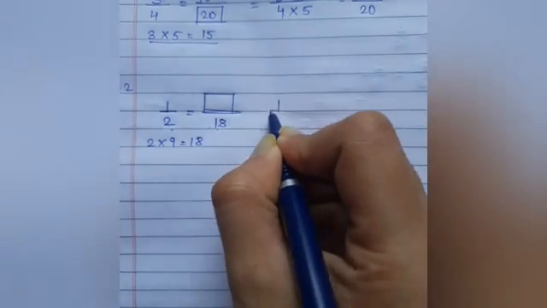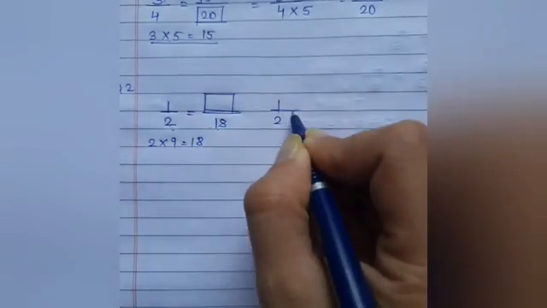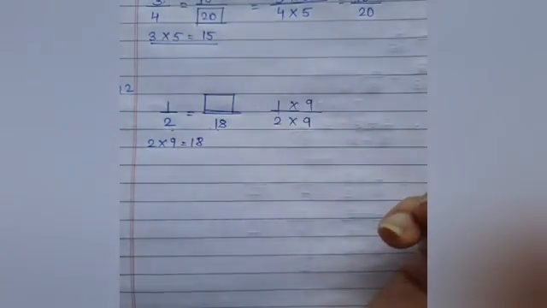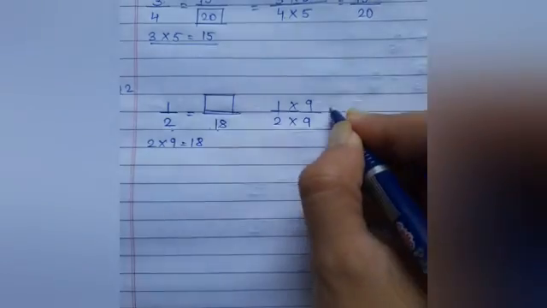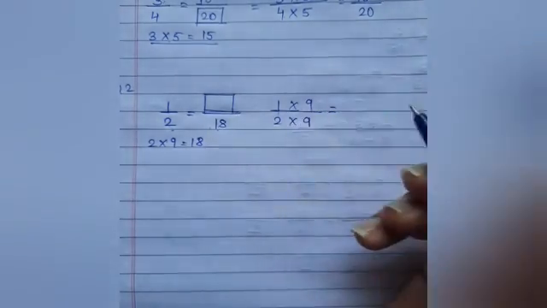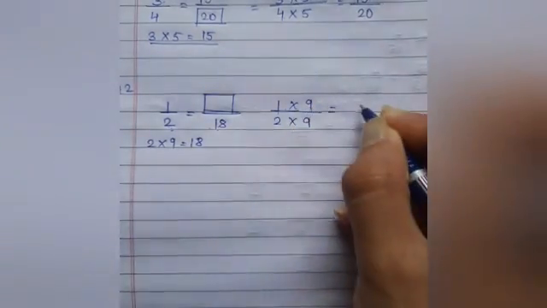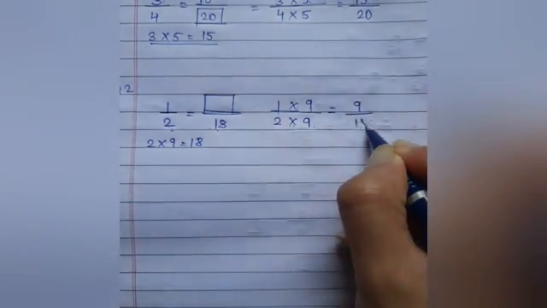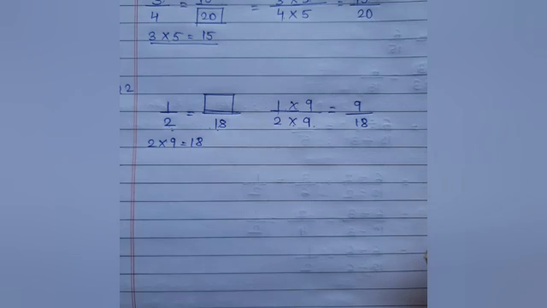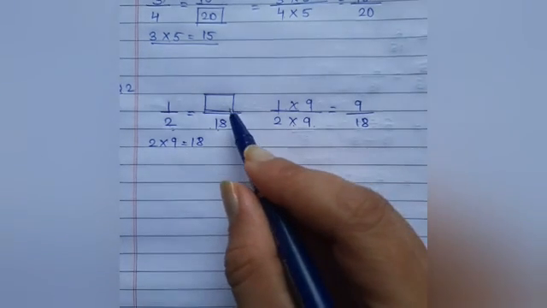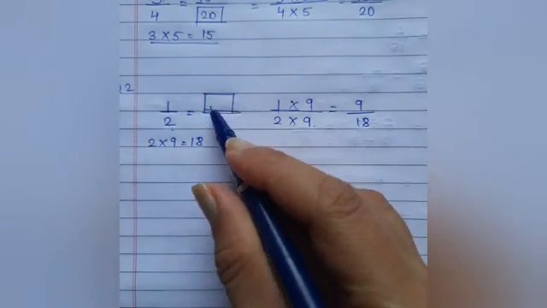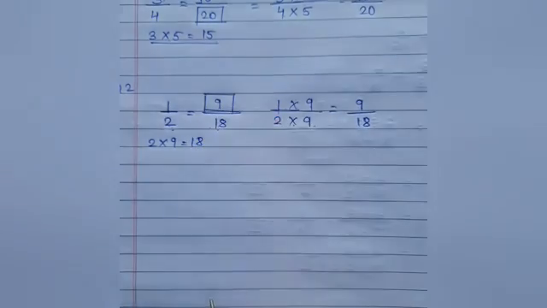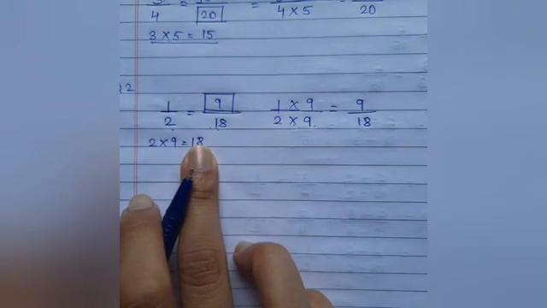So if the denominator is multiplied by 9, then the numerator also gets multiplied by 9. So 1 into 9 is 9 and 2 into 9 is 18. So the required numerator for this equivalent fraction is 9. This was about the first sum.